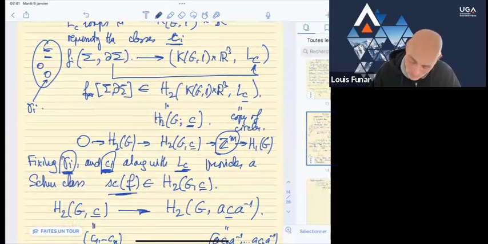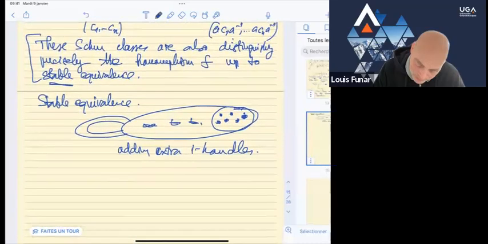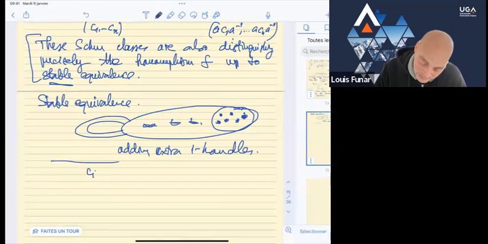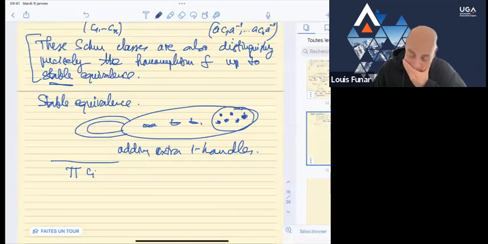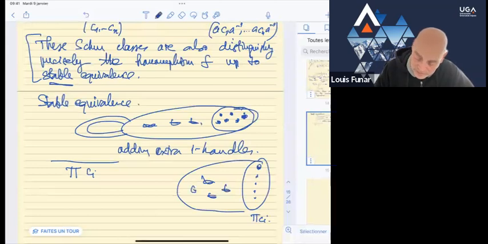Because, well, yes, I understood. In order to do that, you have the classes Ci, but you have an obvious condition. The product of the classes Ci, so here are the points, the holonomy of the product of Ci, in order to be able to put a surface here and to extend to this surface, has to belong to the commutator.